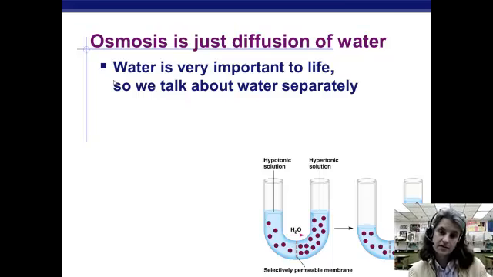Water's in them, water's outside of them, and water is always allowing the activities that a cell does to occur. Solutes are dissolved in the water that the cell is interacting with, and so on. So water is absolutely critical, and it's given its own special place as we talk about things that move across cell membranes. Okay?